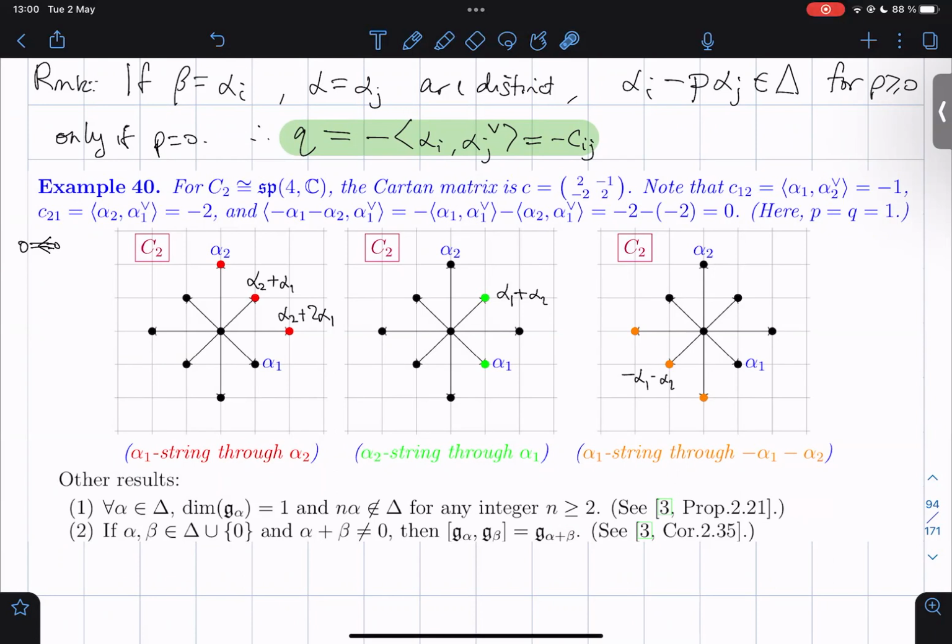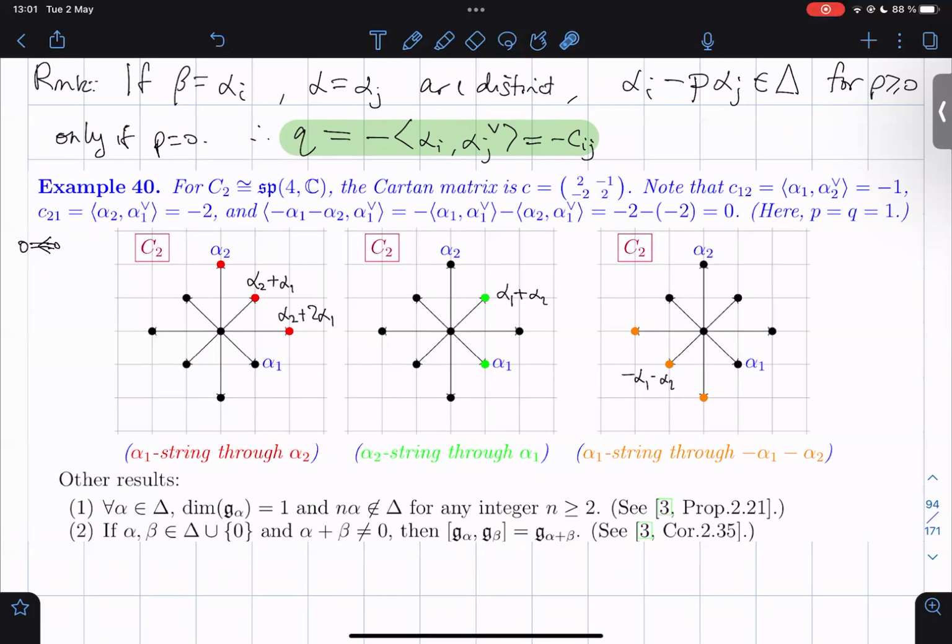So here's a root, you never have any other stragglers out there. Second result: if alpha and beta are roots or 0, and these are not opposite to each other, then we've seen before that G alpha paired with G beta is contained in this, but in fact, it's equal. Again, simplicity is important here.